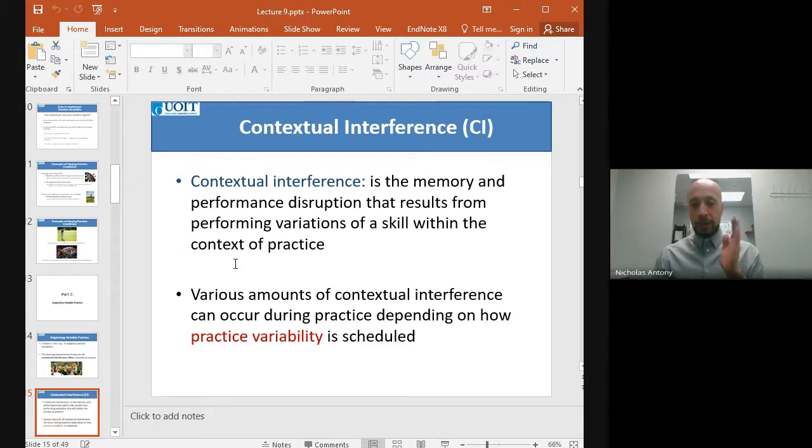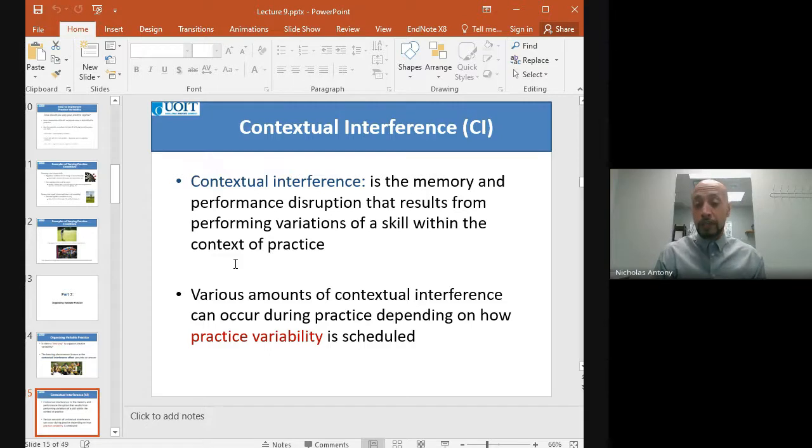So if you're doing the same variation of a skill, like you're doing the same thing in practice, your brain isn't cognitively trying very hard because it's already put together an understanding of the variation you're doing. And if you don't switch it, we're not challenging our brain. Does that make sense?